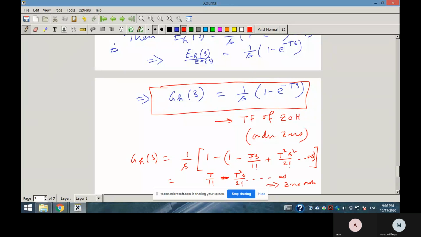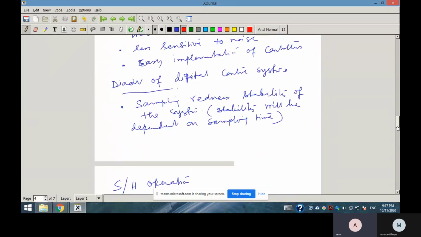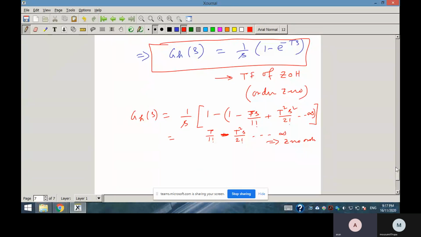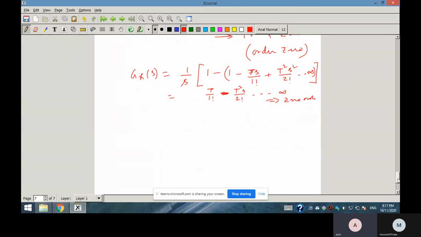Okay. So now how to represent? In digital control we will not handle continuous time signals and systems. We will be handling the sampled version of signals. When you handle sampled signals, there is some other treatment.